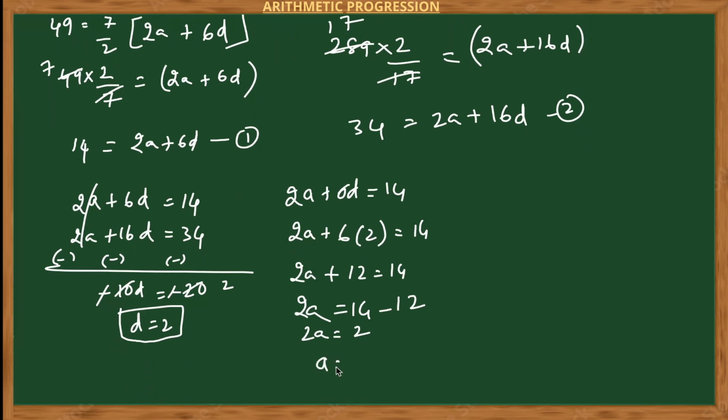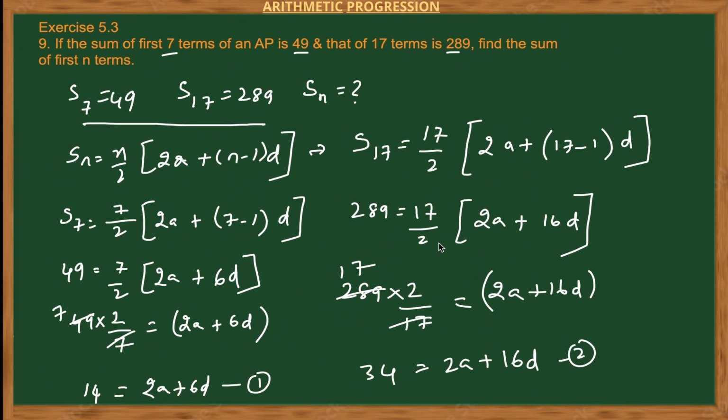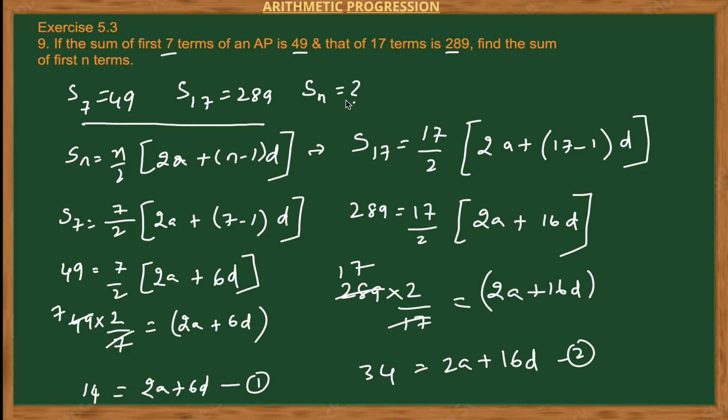Further, a is equal to 2 divided by 2, which is 1. a is equal to 1. So we have a, we have d.